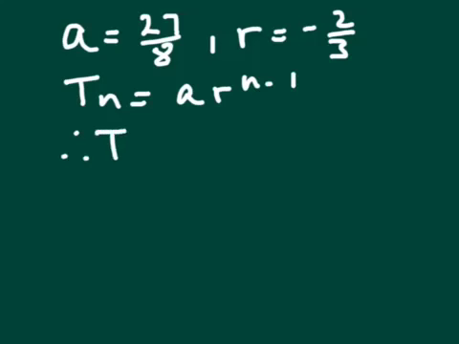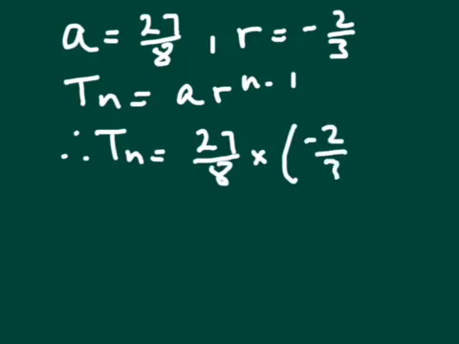We can say the rule for this sequence is 27 on 8 times -2/3 to the power of n minus 1. And that's pretty well it. I mean, sure, there are things you can do in terms of simplifying this, because that's a power of 3, that's a power of 3, and you've got 2's going on there. But we will just leave it like that for the moment.